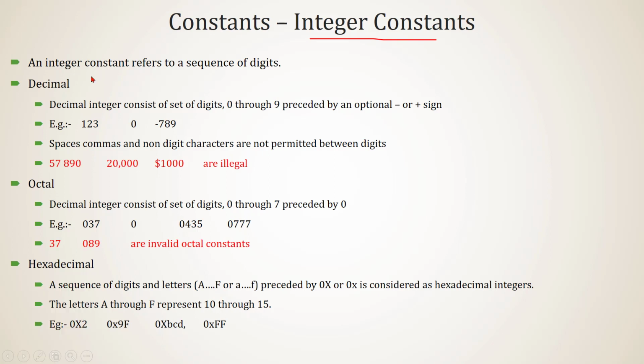An integer constant refers to a sequence of digits. If there is a sequence or combination of digits, we can call it an integer constant. Integer constants are of three types: decimal, octal, hexadecimal. A decimal integer consists of a set of digits 0 through 9 preceded by an optional minus or plus sign.